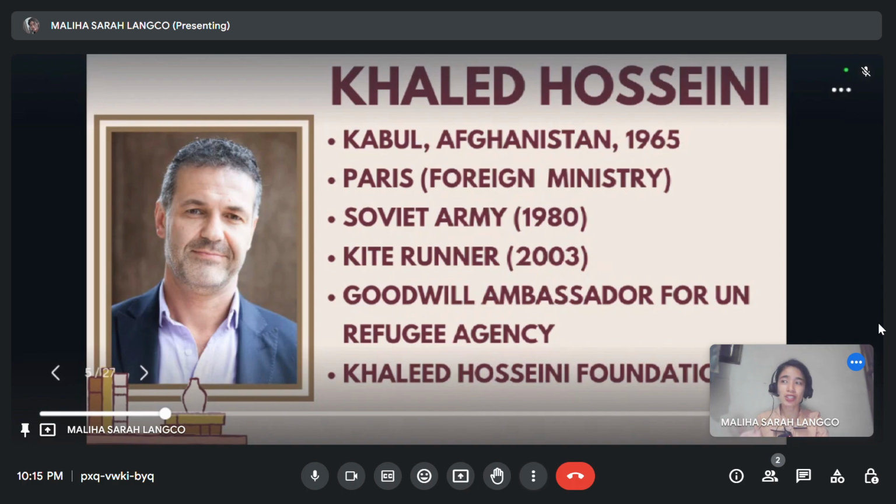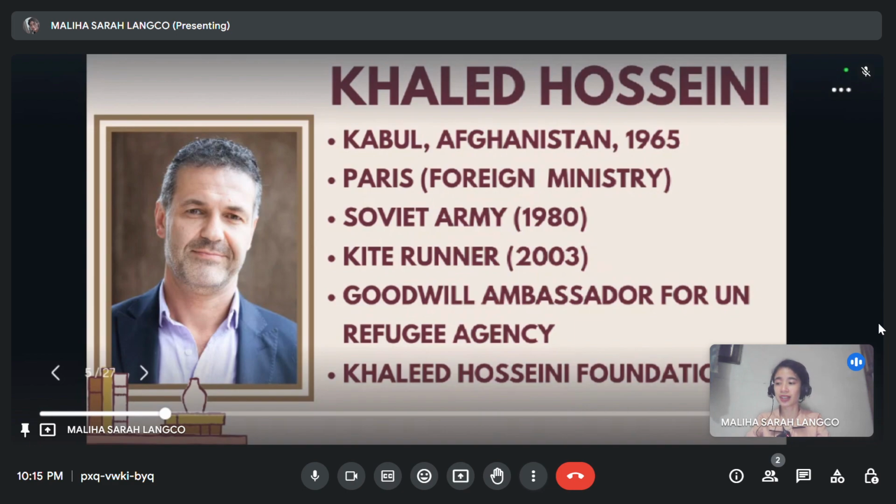Although they were supposed to go back to Afghanistan in 1980, they weren't able to because of the Soviet army invading Afghanistan. In the early 2000s, Khaled Hosseini published his first novel, The Kite Runner. He is also a goodwill ambassador for the UN Refugee Agency, and also established the Khaled Hosseini Foundation.